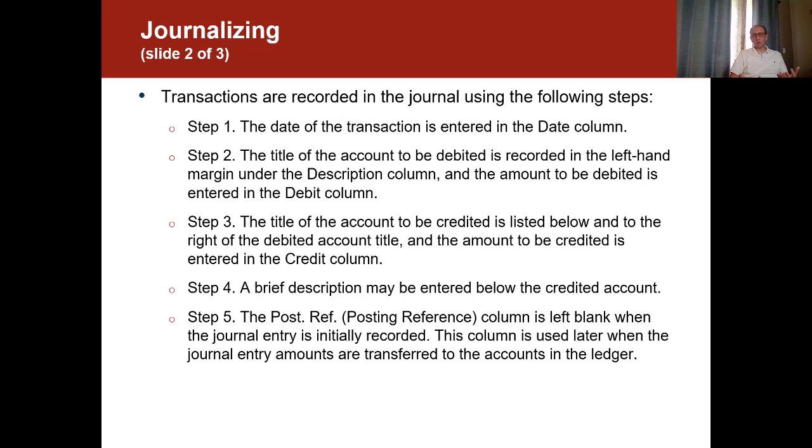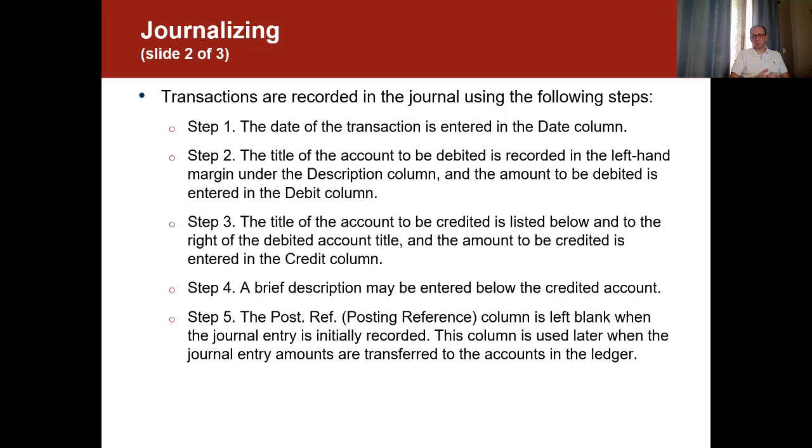So transactions are recorded in the journal using the following steps. I'm really not a big steps person. I'm not a big fan of going over steps. I think practice makes perfect, but I'm going to read it anyway. So the first step is that the date of the transaction has to be entered in the date column.